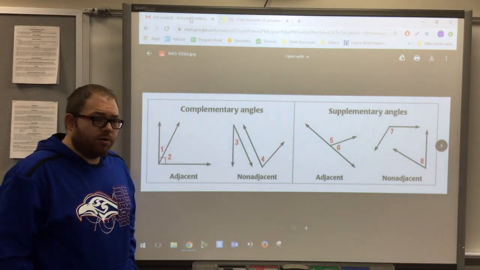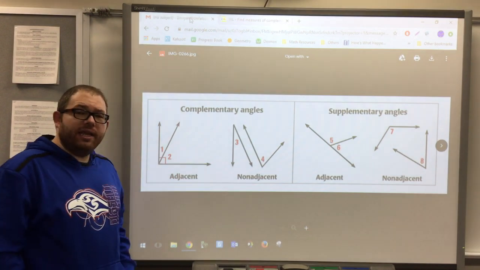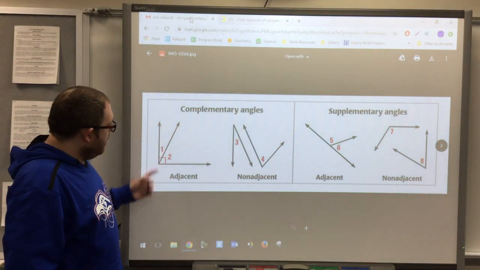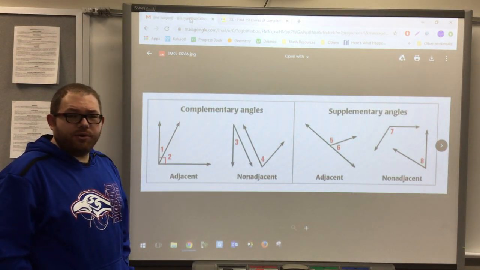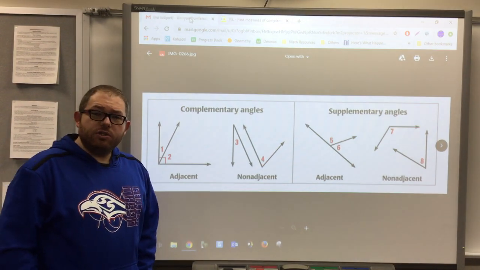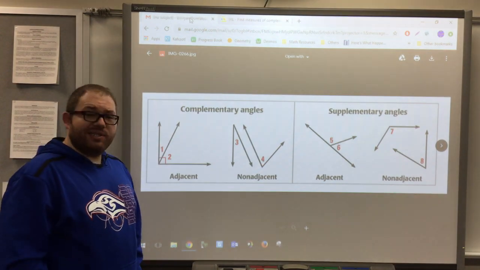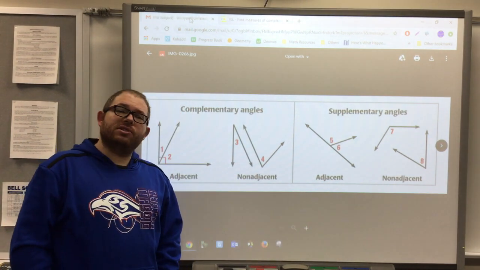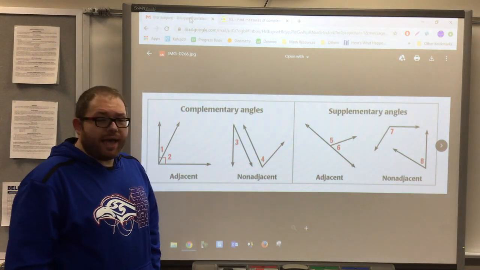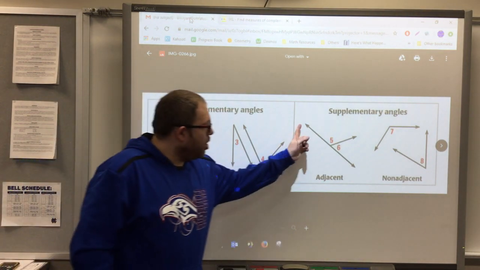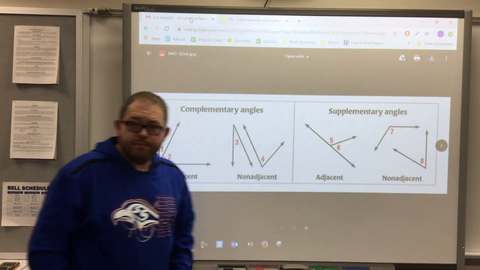If two angles are adjacent, meaning that they touch each other, and are complementary, they'll always form a 90-degree right angle. If two angles are directly beside each other, that means they're adjacent, and they are supplementary, which means they add up to 180 degrees, they will together always form a line.